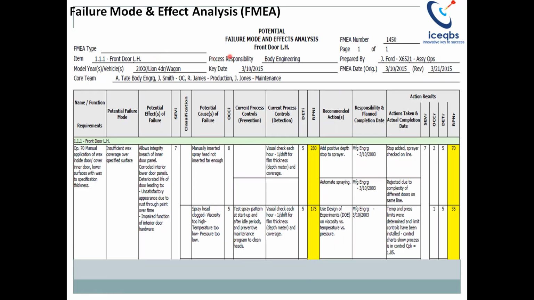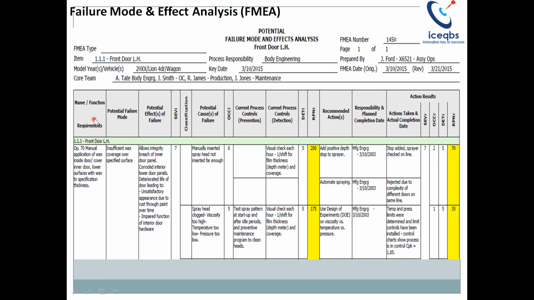Then who is responsible for doing the particular FMEA, which department, who prepared it, the date of preparation, then the model or vehicle or any product, and the team which did the FMEA.